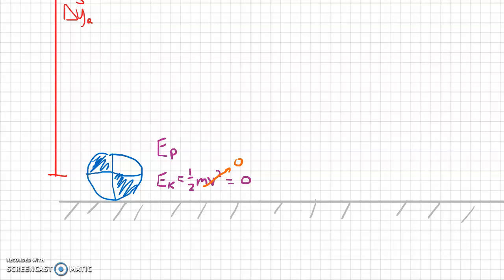Potential energy-wise, mgh, my original height, it's convenient to call that 0. So my height is 0 as well, and that's going to give us 0 potential energy. So if I total up the energy here, the total energy is 0 joules.